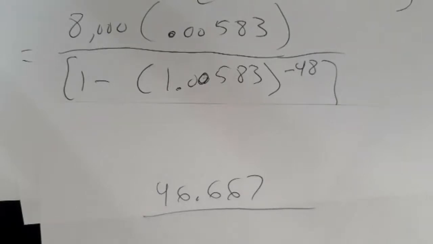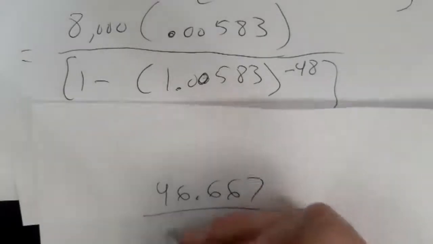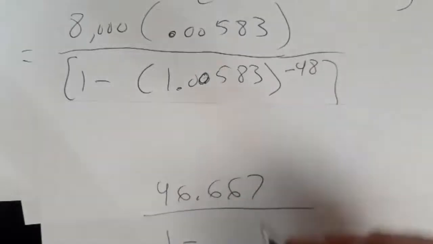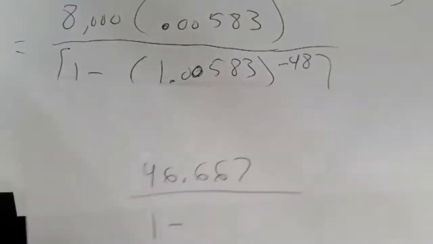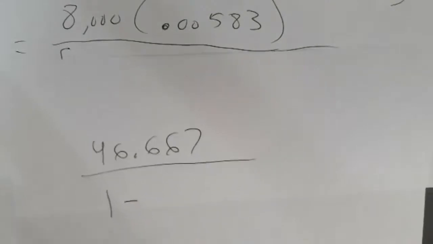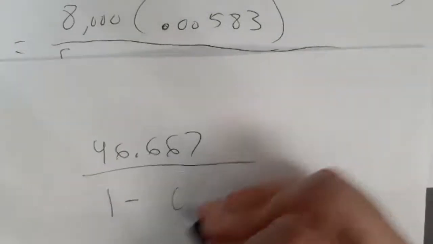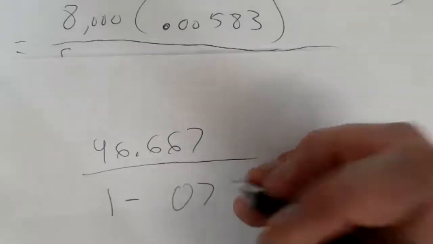On the bottom, I have one minus. Crunch this thing. I don't know how else you're going to crunch it besides a calculator, so you're definitely going to need some sort of technology to get at this, right? So 1.005832 to the minus 48 is going to give me something like 0.75639.